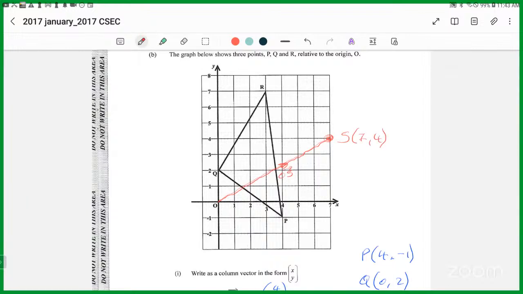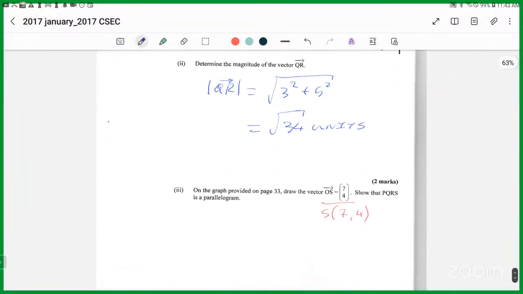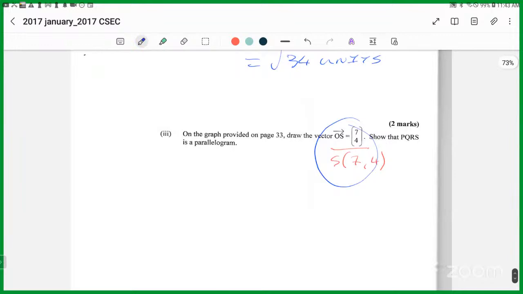But now, the other part says we have to show that we have a parallelogram. It says show that PQRS is a parallelogram. If PQRS is a parallelogram, it means that the opposite sides are equal in length and parallel. So it means that the opposite sides are equal vectors. That's how you show that it's a parallelogram.